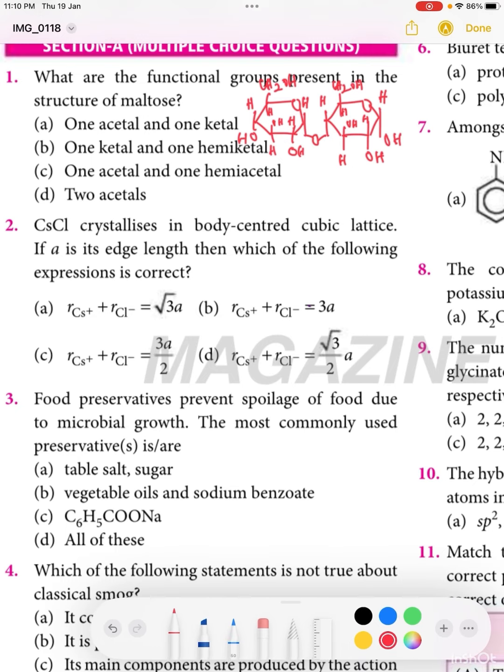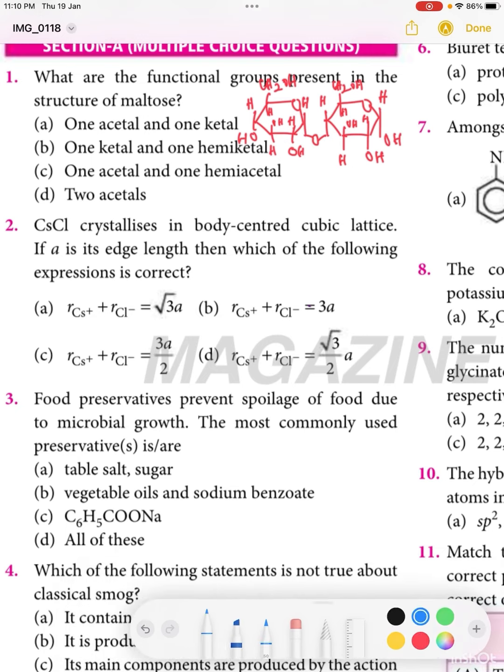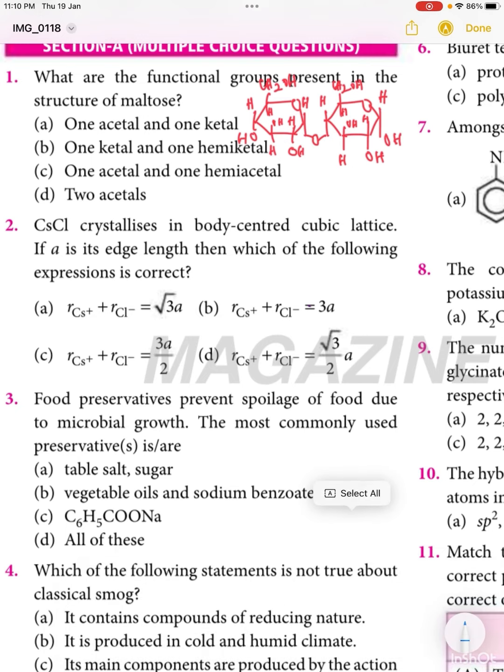If we observe this, we can see that an ether and acetal linkage is present here. So this is called as acetal linkage. That means two ether groups are present.